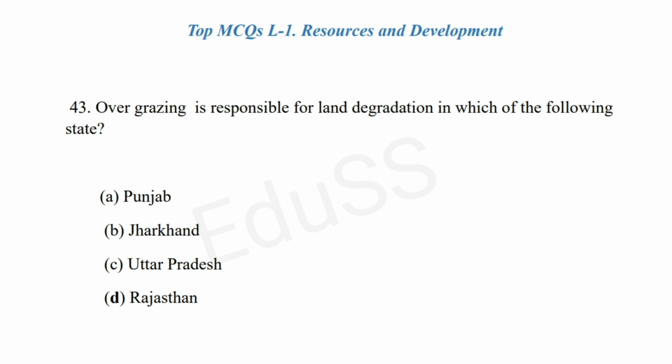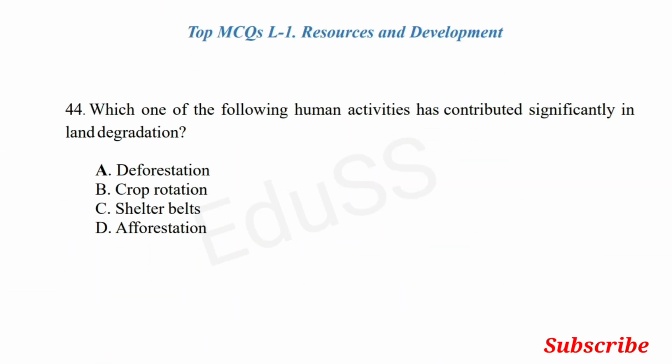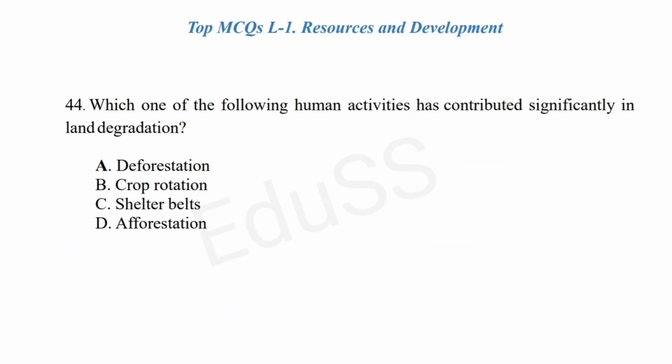Overgrazing is responsible in Rajasthan. Next, which one of the following human activities has contributed significantly to land degradation? The answer is deforestation.